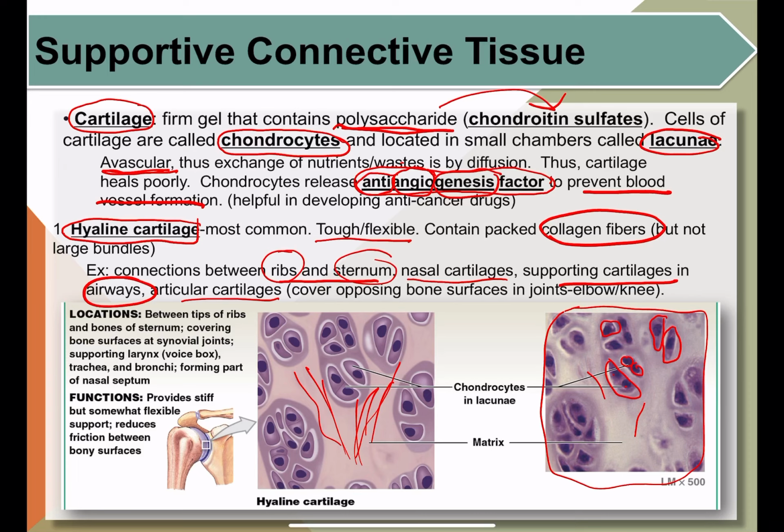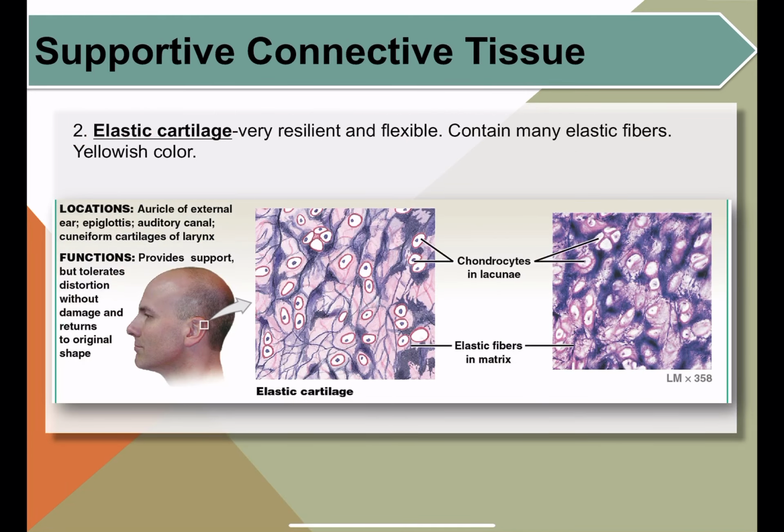So what allows for that slight movement of the ribs with respect to your sternum is the existence of this hyaline cartilage that provides that small bit of flexibility, okay? So that's why it's the most common type, because it's kind of everywhere, holding the shape of those particular organs.